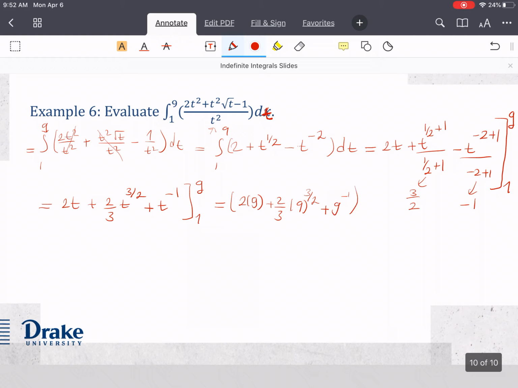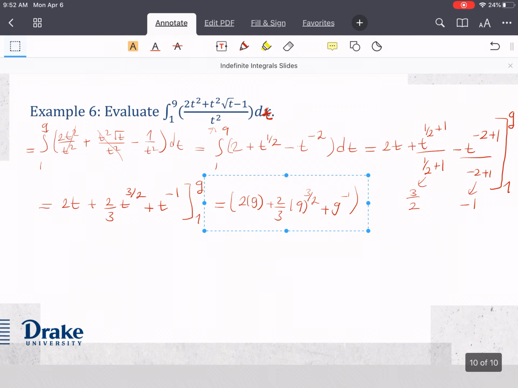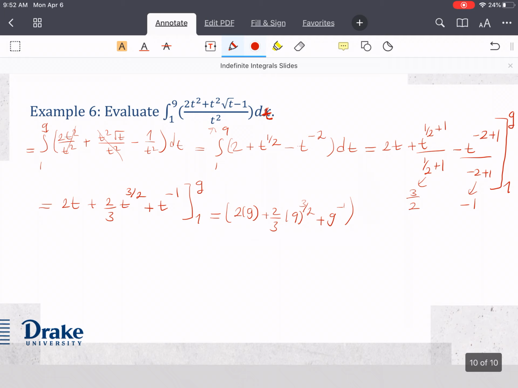And then minus f of 1, which becomes 2 times 1 plus 2 over 3 times 1 to the 3 halves plus 1 to the negative 1.